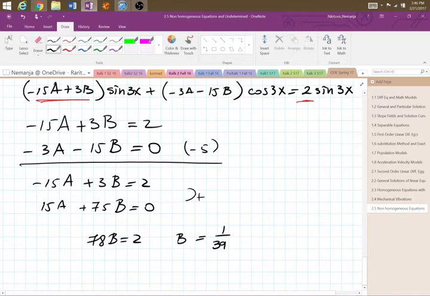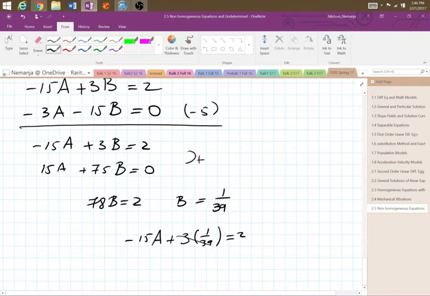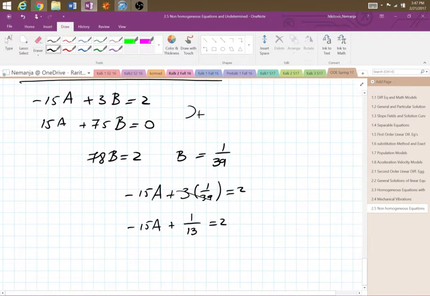So that will be negative 15a plus 3 times 1 over 39 equals 2. Now these guys will cancel, so I get negative 15a plus 1 over 13 is equal to 2. Move 1 over 13 to the other side. 13 times 2 is 26, right?